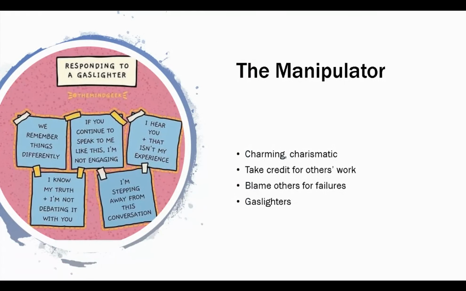The manipulator is generally charming and charismatic, and they use those skills to get their employees to do things they'd rather not do. They'll give you tasks that you can't or don't want to do, and once that task is done, they'll take credit for it. But if the task fails, they'll blame you for the misinformation that you gave them.